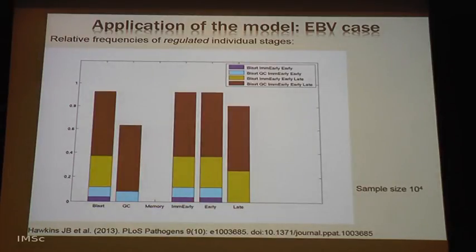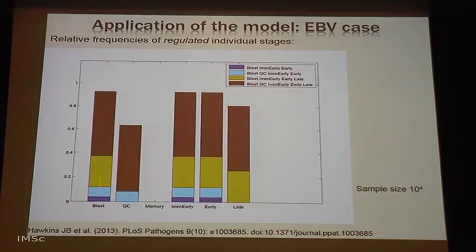There is another way of representing this information. So again, here we have those 4 different regulation profiles that seem to be very common in the EBV-infected population. And you can also look at individual stages and say, okay, out of all those regulation profiles that I obtained from interrogating the model, how often is a given stage regulated?